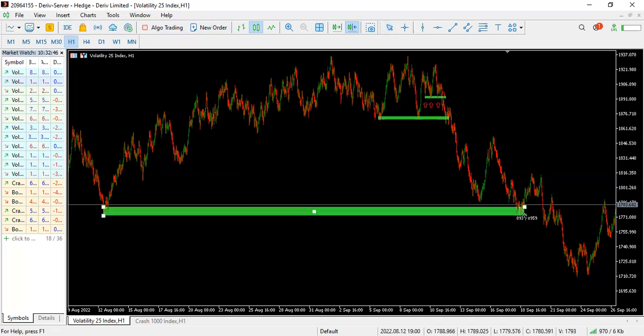Take it to the right-hand side. Now, what happened here? The price turned halfway. The reason the price turned here is because of this one. We had a drop, base, drop. And then here is another one created. But this one, the price turned here because of this one. Look at what happened.